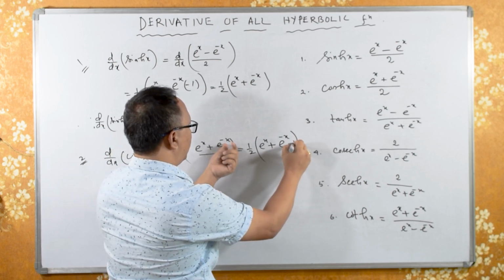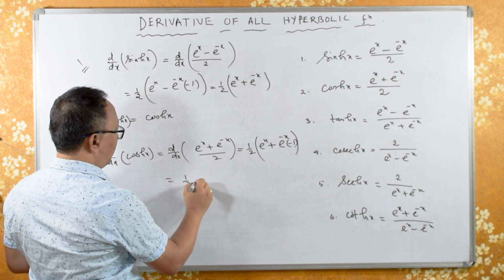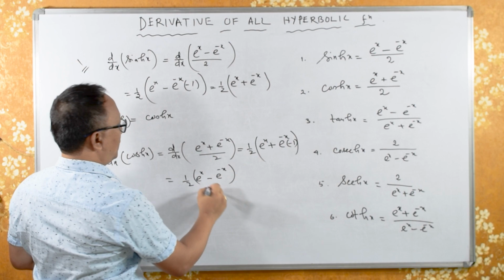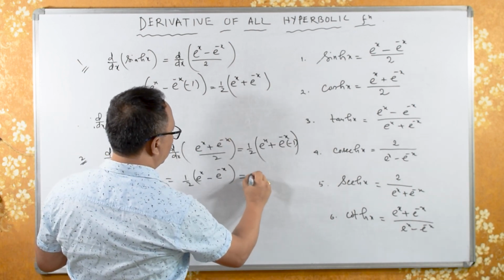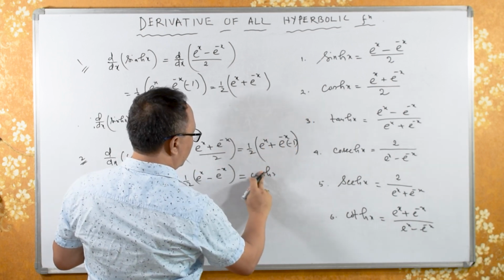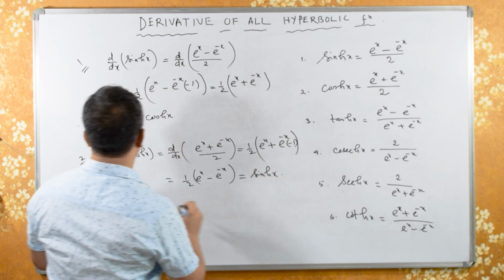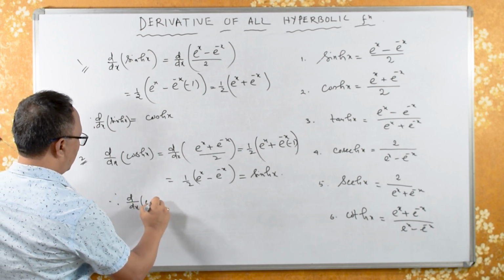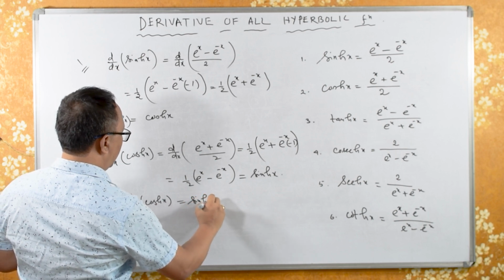Here we will get minus 1. And this is half e raised to x minus e raised to minus x. This is this, okay. Therefore, this is sinh x. Therefore, d by dx of cosh x is sinh x.